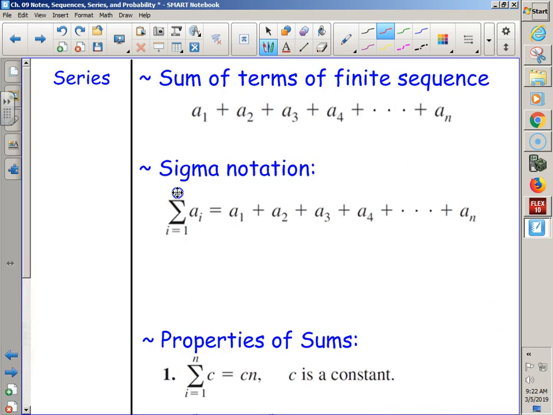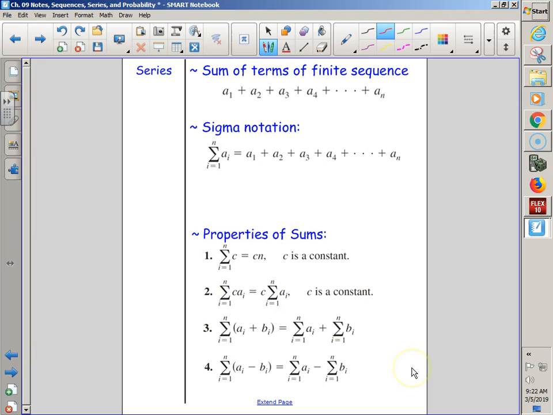But there's one more big idea in section 9.1, sigma notation. Hey, this shows up on SAT stuff, doesn't it? Especially the Math Subject 2 test, the SAT subject test for math. Series. If you looked at chapter 9's title, it's sequences, series, probability.